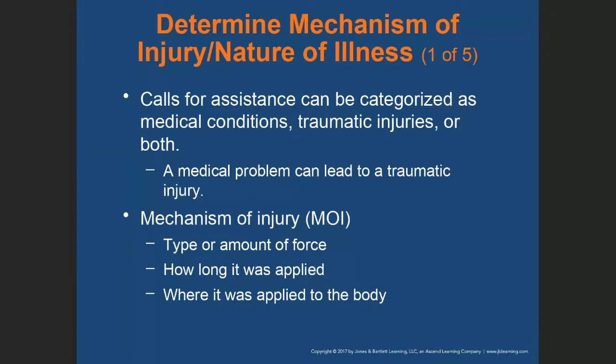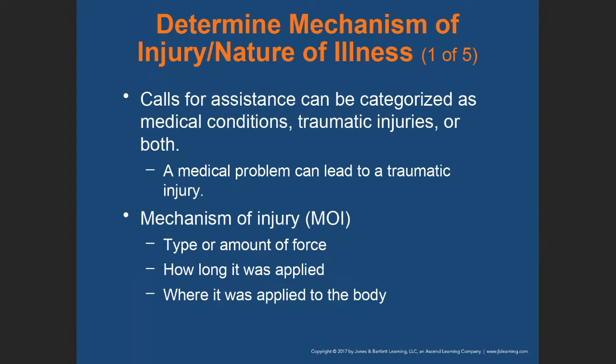So what caused the injury? Was it a fall? Did they get stabbed? Was the patient shot? Did the patient get hit with a board? Whatever caused the injury is the mechanism of injury. And when we start to focus on injury, we're talking about forces applied to the body.